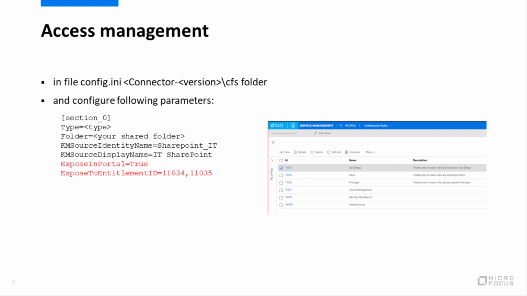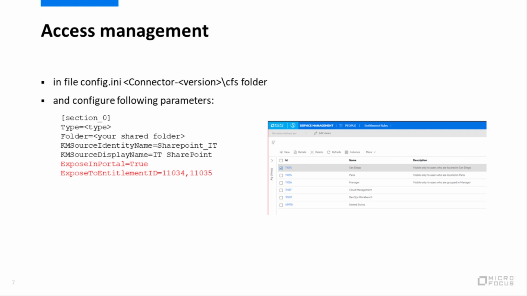And the second option, highlighted in red, is exposed to entitlement ID. This is where you can make a more granular control of who should see a certain set of data, for example, who should get access to a SharePoint site. You can create entitlement roles in SMAX, as I have shown in the example here on the left, and then you simply enter your entitlement IDs into this configuration file.